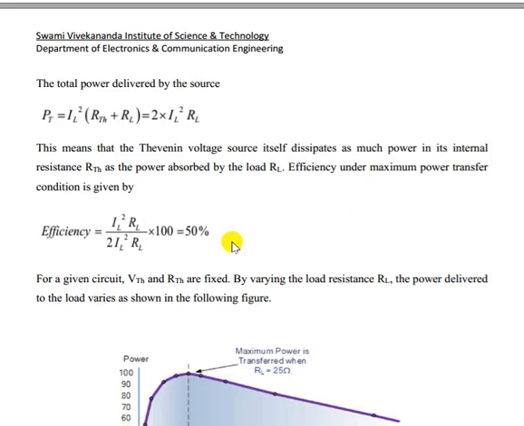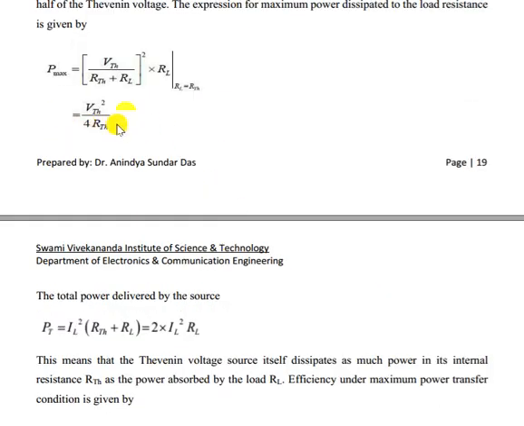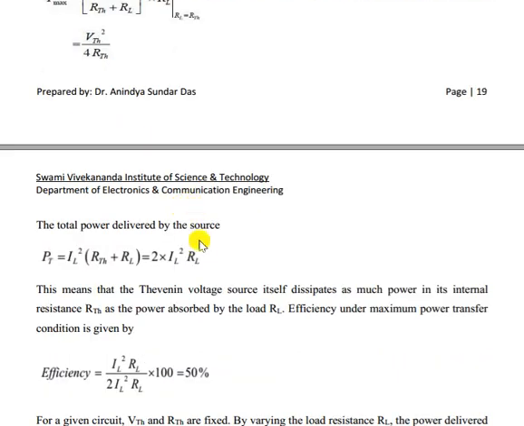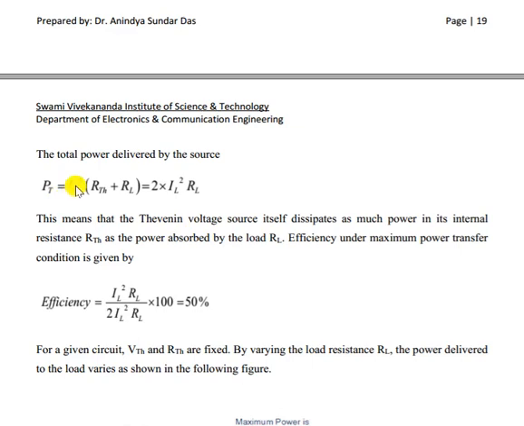So what will be the efficiency? Now this is the maximum output power. What is the total power delivered by the source? That is IL square into RTH plus RL. That is the total power delivered by the source, which is 2 into RL, IL square into RL, under the condition RTH equal to RL.